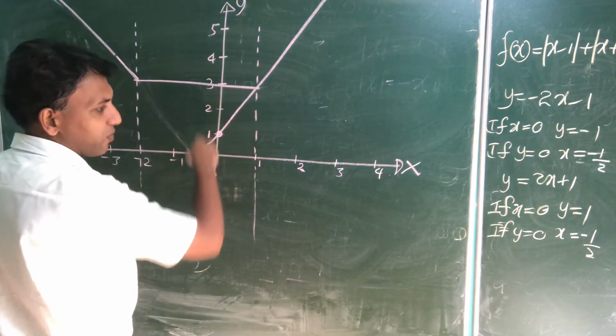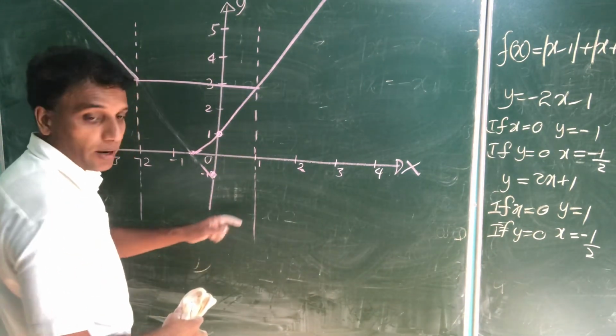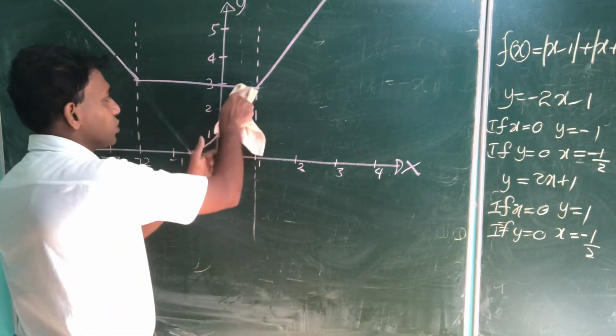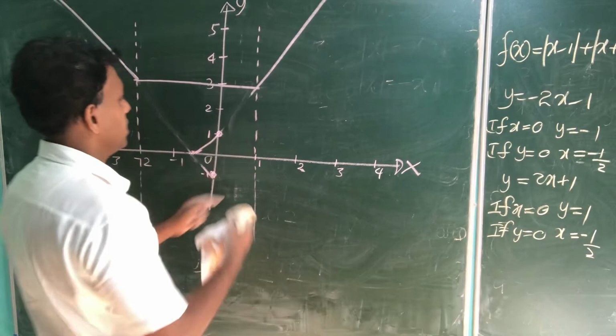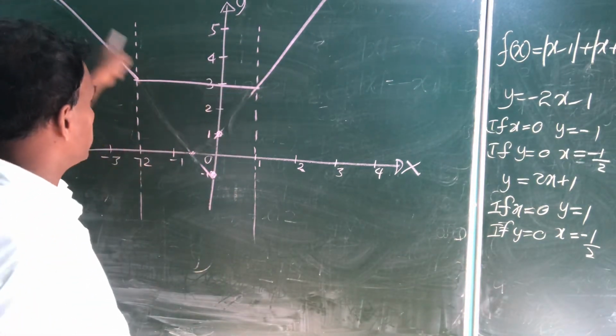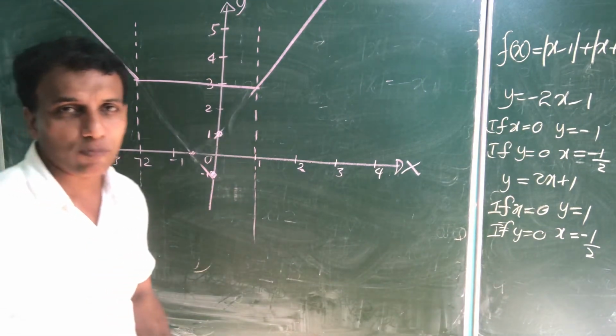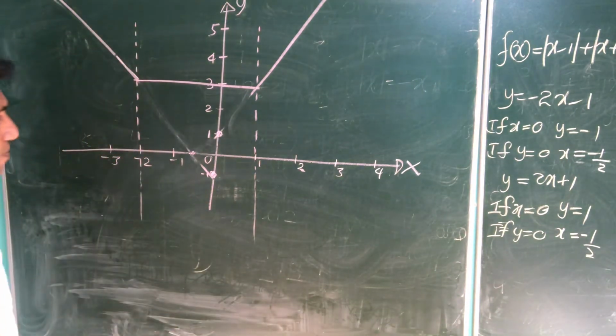If x is 1, y is 3, is it? Yes, see, x is 1, y is 3. But the graph is for x more than 1, so they have no chance here. So I mark 2 points and produce it. Therefore, like a ship, a boat shape. This is the graph portion, right? 2 parts in the graph, like this.